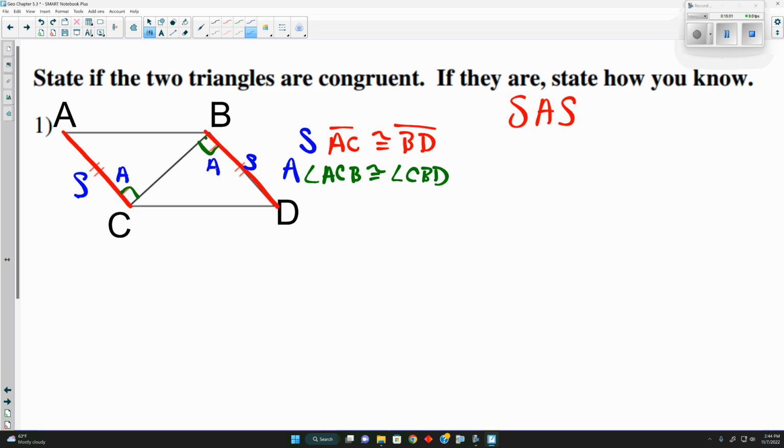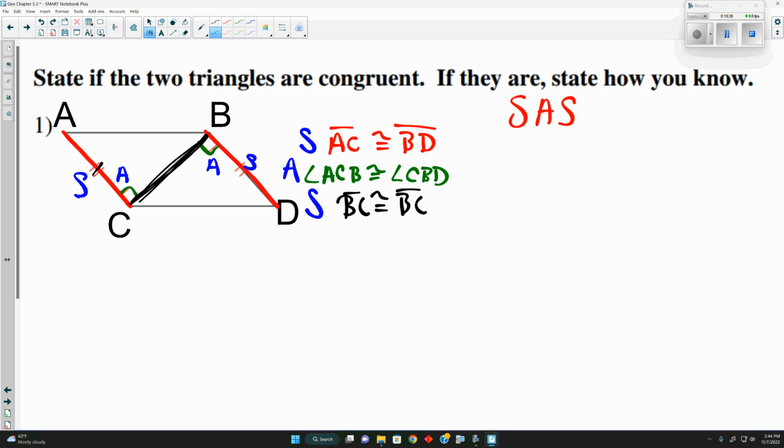Do we have any other sides that are congruent? We do have a third set of sides, because BC is congruent to BC.